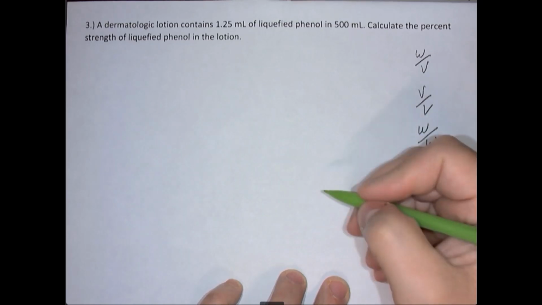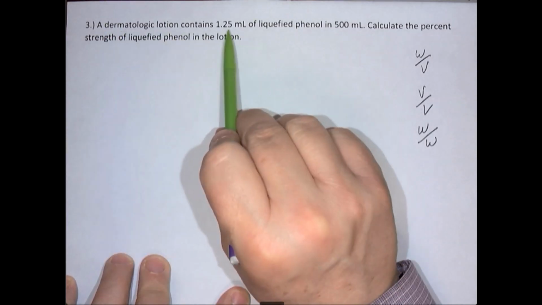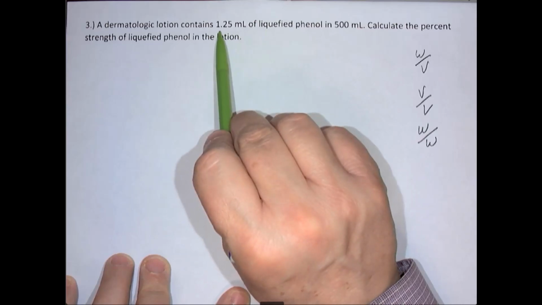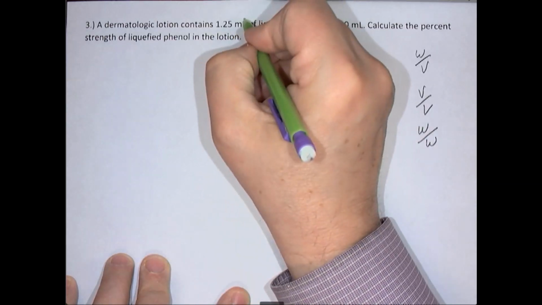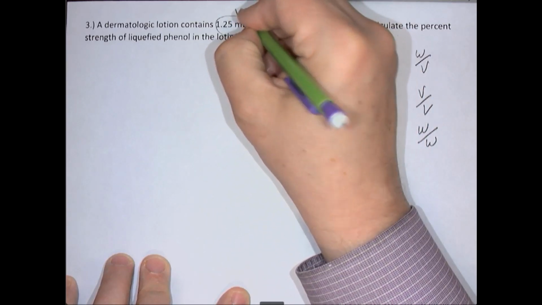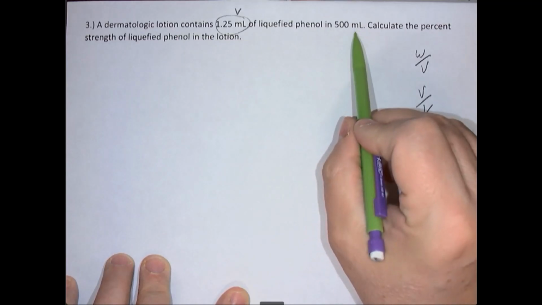Well, if you look at the problem here, it says the lotion contains 1.25 milliliters of the liquefied phenol. That is the constituent. This is described as milliliters. Of course, that is a volume. Then over here, the 500 milliliters, that's the total volume of the solution.